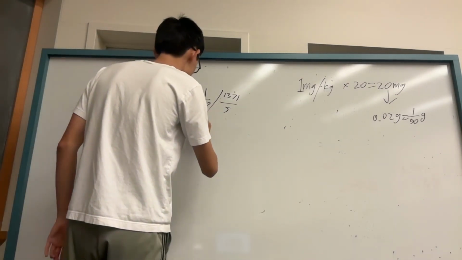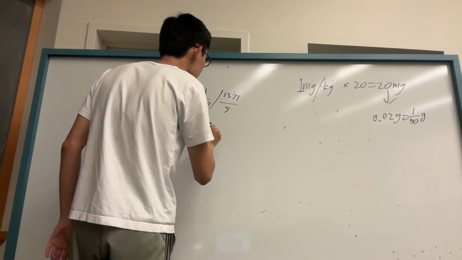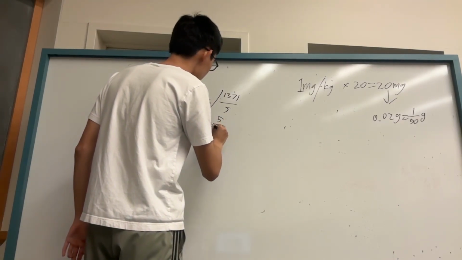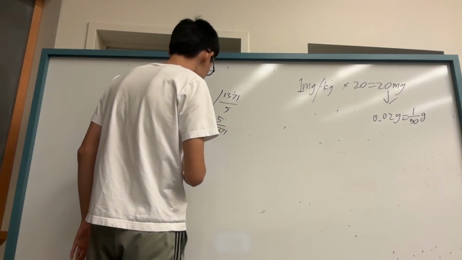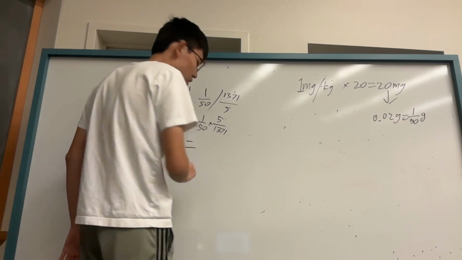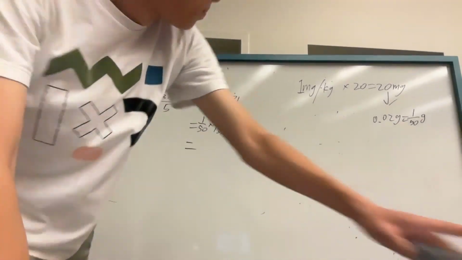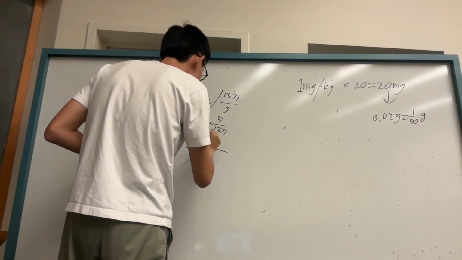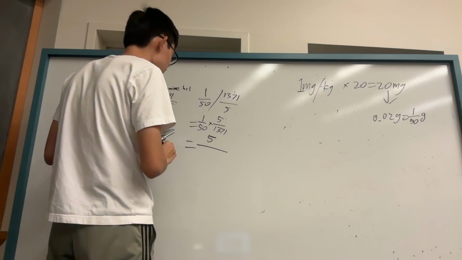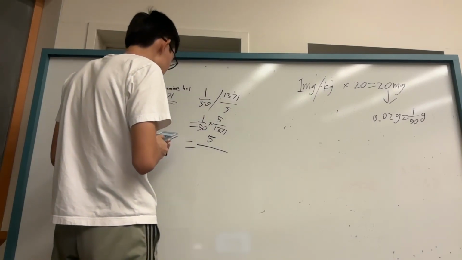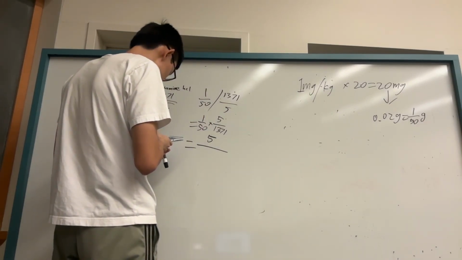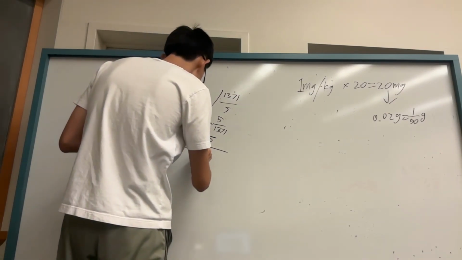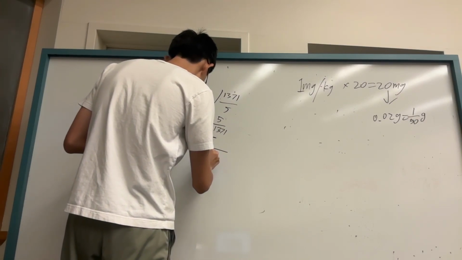So this is 1/50 times the reciprocal, which equals 5 over a denominator of 68550.